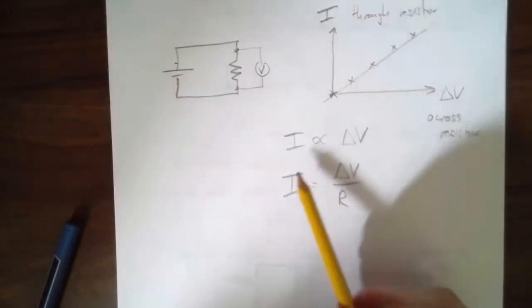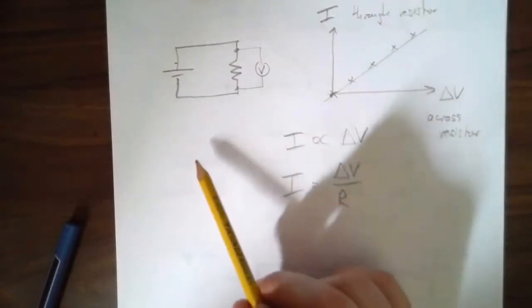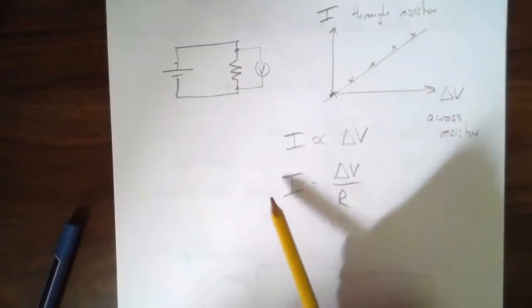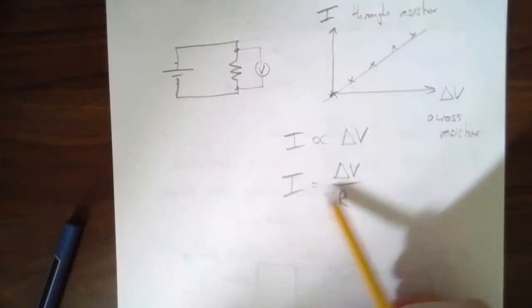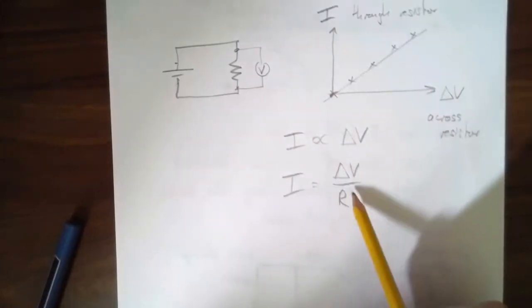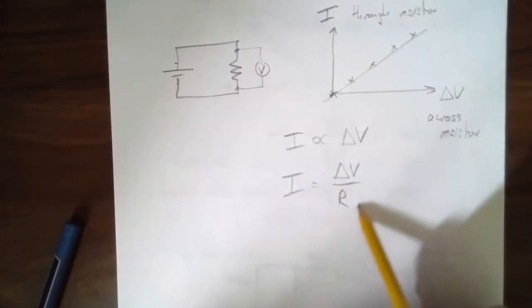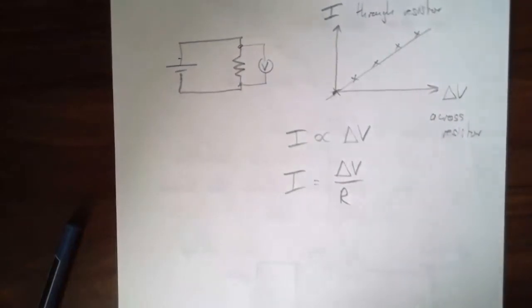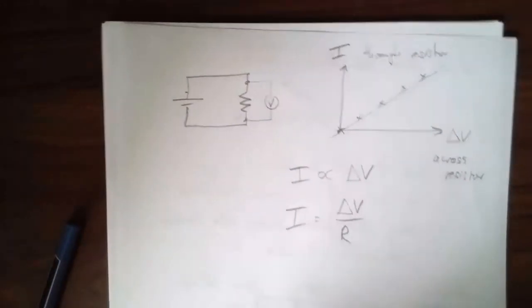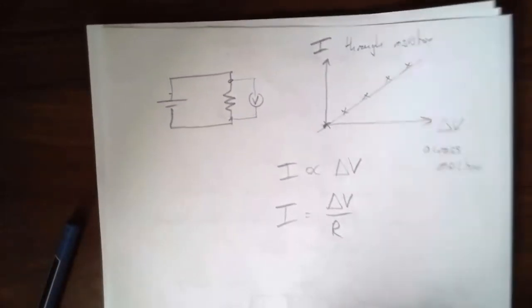Or maybe the better analogy would be, imagine you've got a stream of water that runs down a mountain, like a little brook. How much water is coming down? Well, it depends on how steep it is, and how many rocks are in your way. It's not a perfect analogy, but I think it helps you visualize kind of what's going on here.